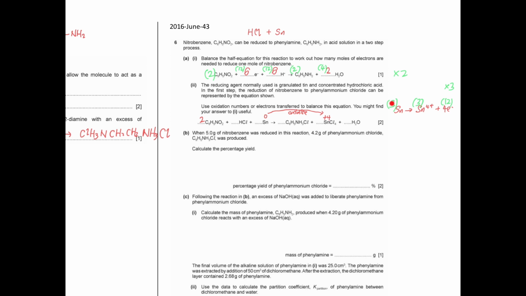Tin I put 3 because of this part. The Sn4+ has to be 3 as well, so here I put 3. And then the C6H5NH2, which is this one, we already decided is 2, so we put here 2.